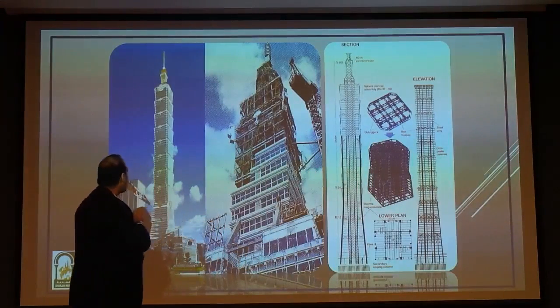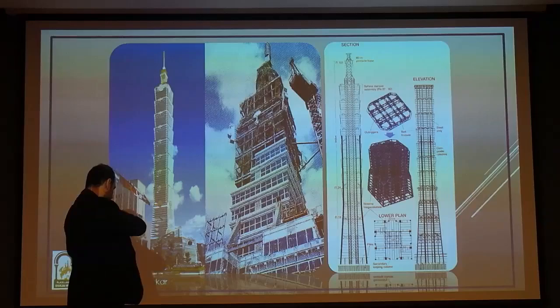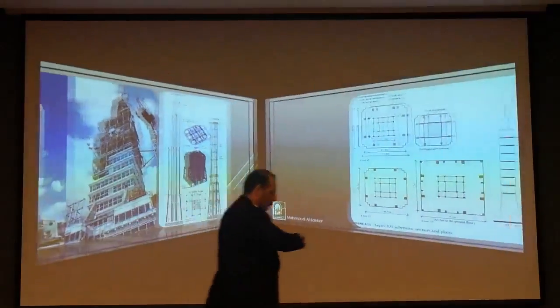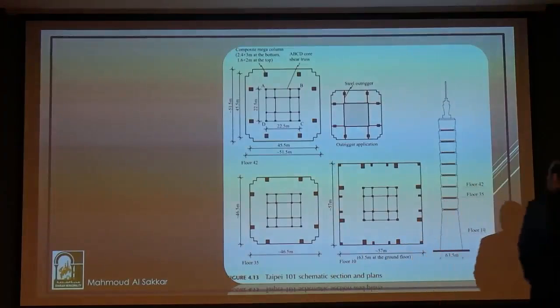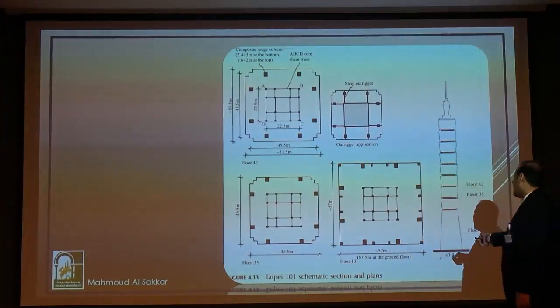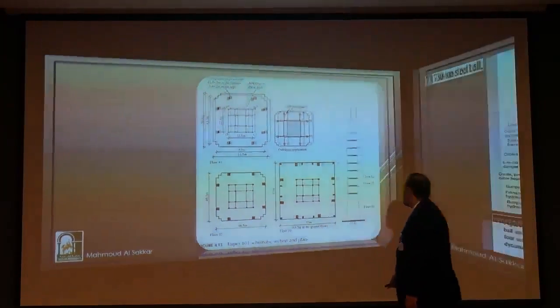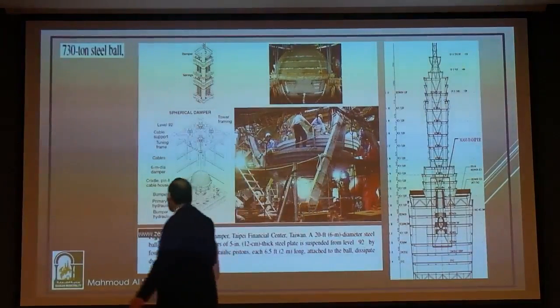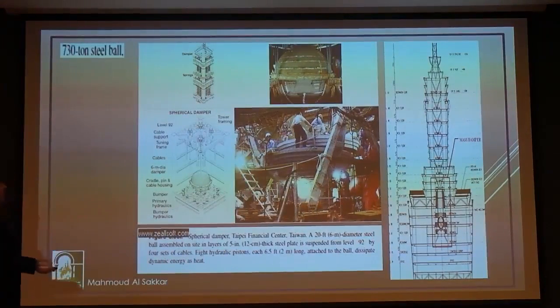Okay, so that's the one called tube-in-tube. The one with different levels, type A, you have different levels here. We're going to speak about the mass damper next lecture. It's actually 730 tons.